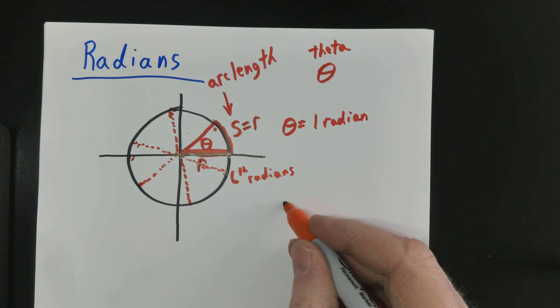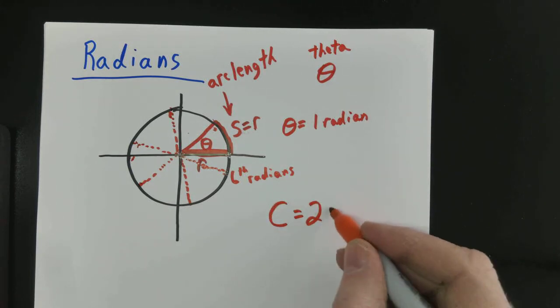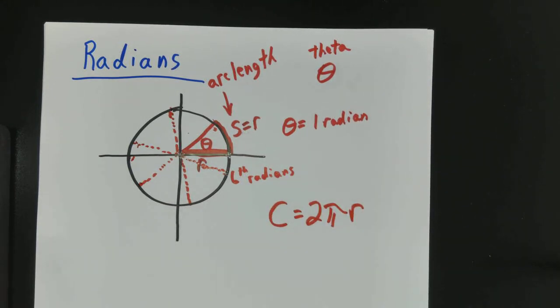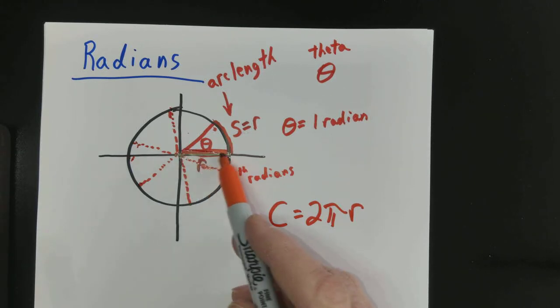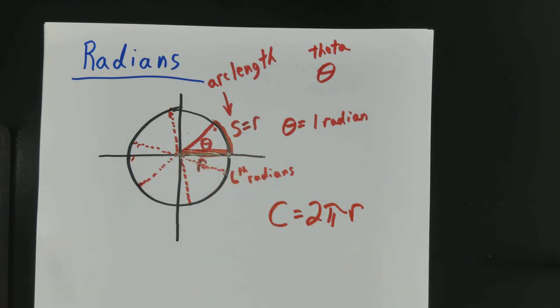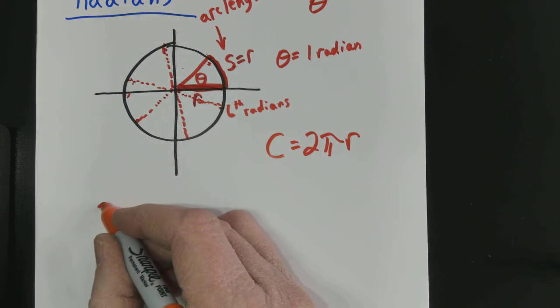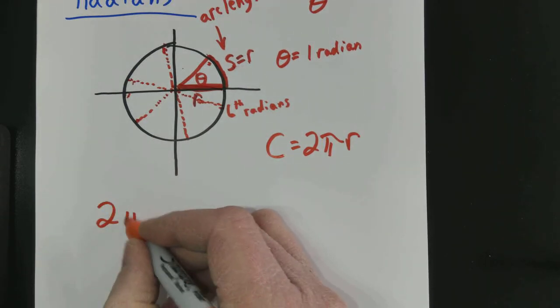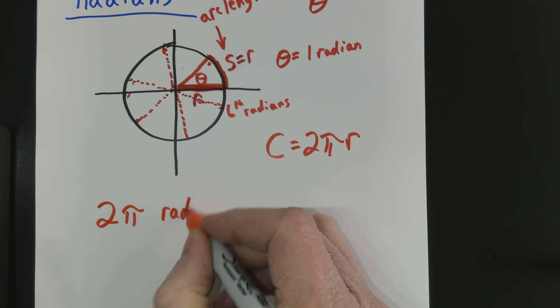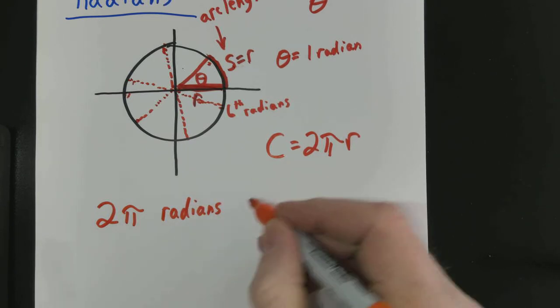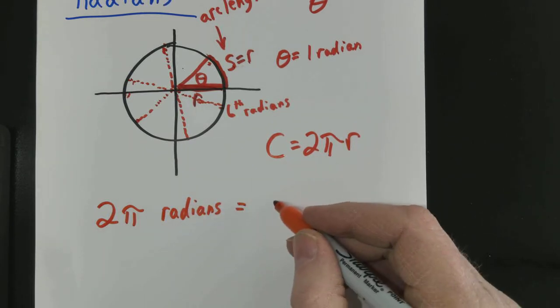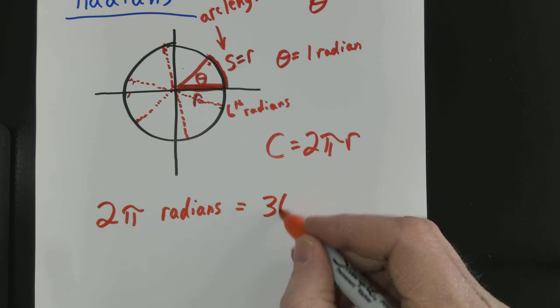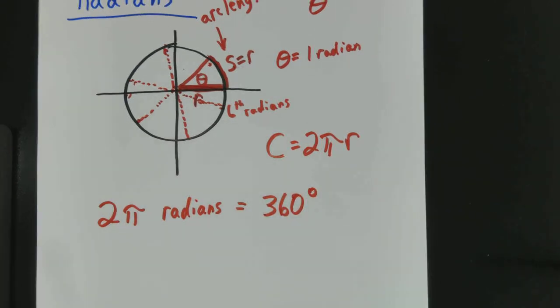Does everybody agree that the circumference of this circle is 2 times pi times the radius? Yeah, 2 pi r. And if we take the radius as 1, like for a unit circle, the circumference is 2 times pi. Okay, this is important. 2 pi radians is equal to 360 degrees.